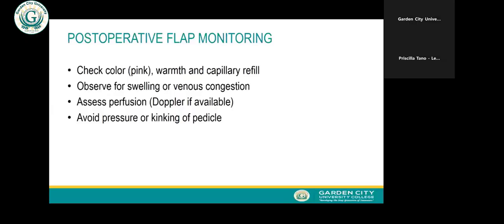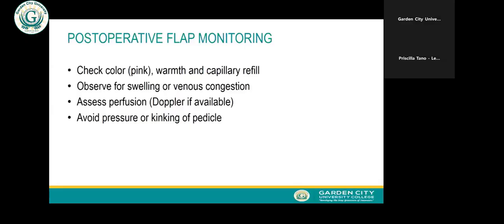We want to monitor Doppler, assessing perfusion, if available, right? And then also monitor drain output. Mostly for flaps, they put in a wound drain. So find out why a wound drain is put in after skin flaps. So that is also monitored.